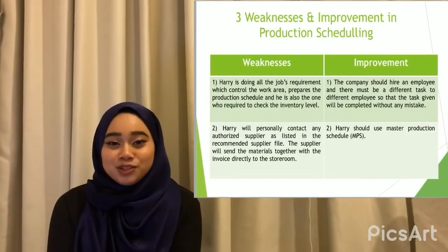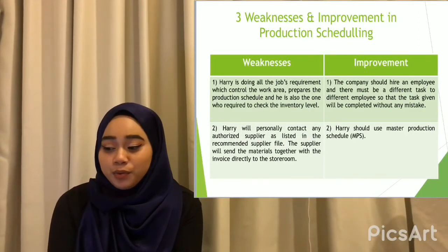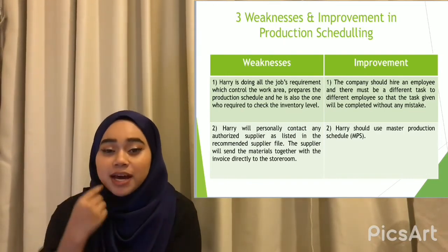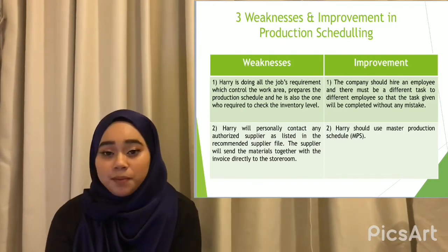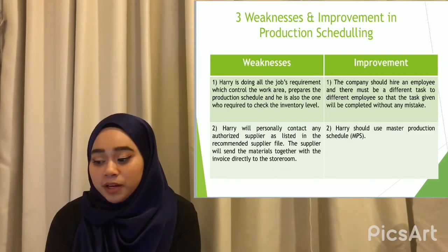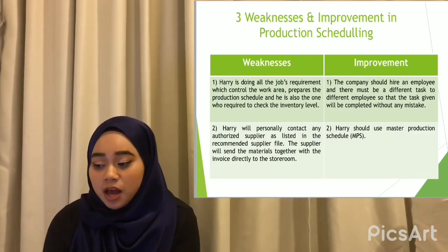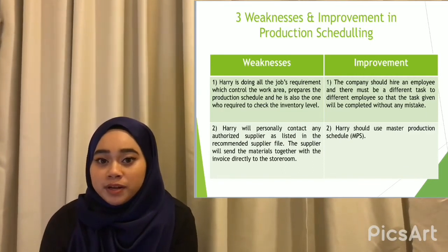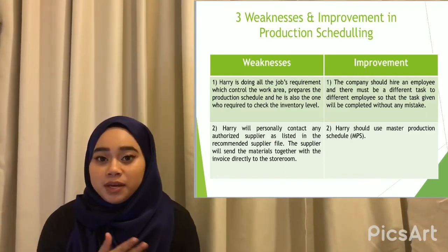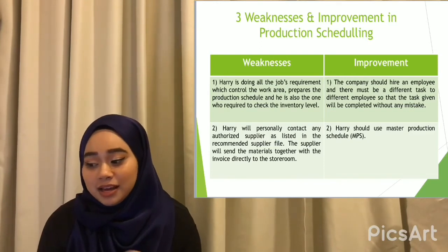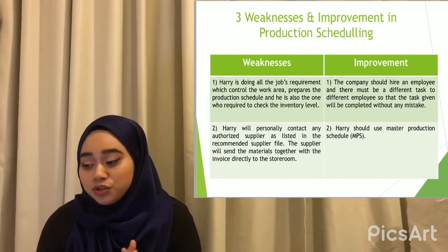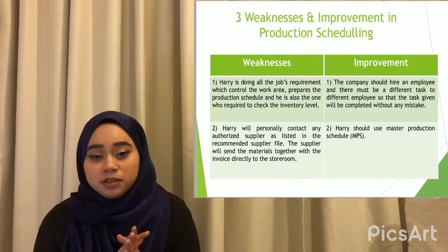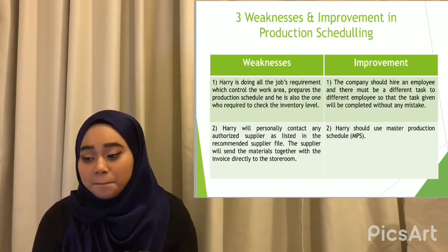So the second situation is whereas Harry will personally contact any authorized supplier as listed in the recommended supplier file. The supplier will send the materials together with the invoice directly to the storeroom. The improvement for the weakness is that the company, which is Harry, the production engineer, should use the master production schedule, which is MPS.